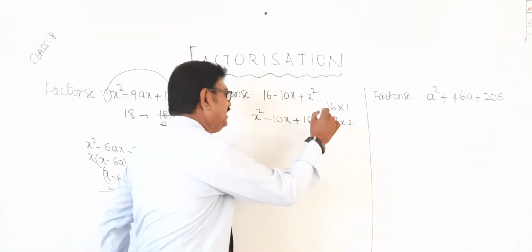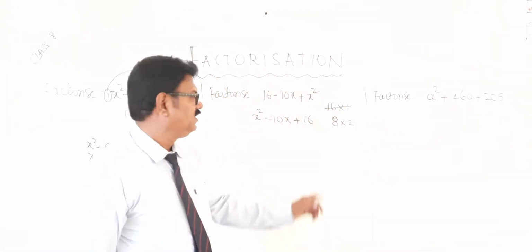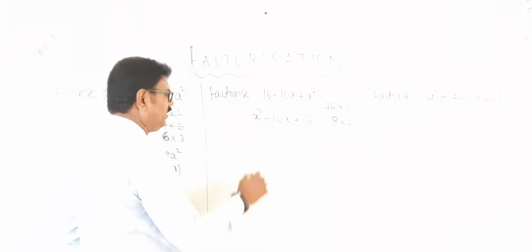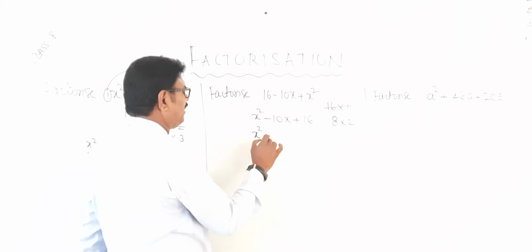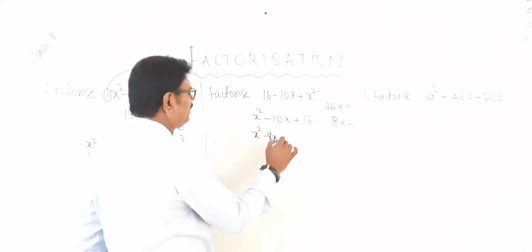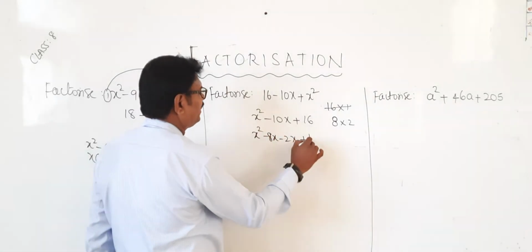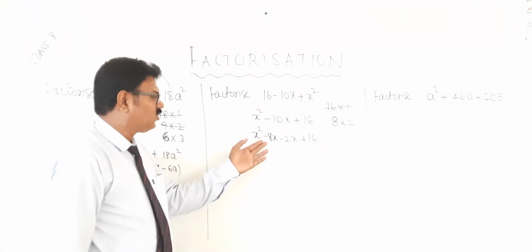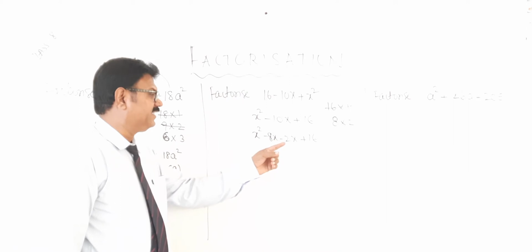Not there, therefore cut. Now 8 plus 2 is 10. Yes, it is there. Very simple. Therefore, x square minus 8x minus 2x plus 16. You can also write x square minus 2x minus 8x plus 16; it is the same thing.